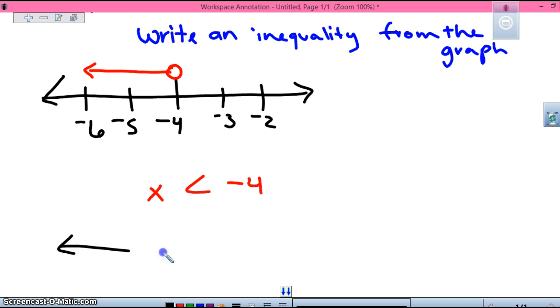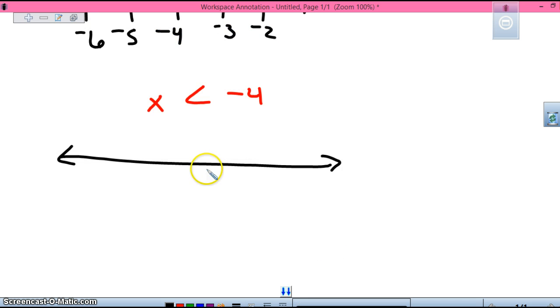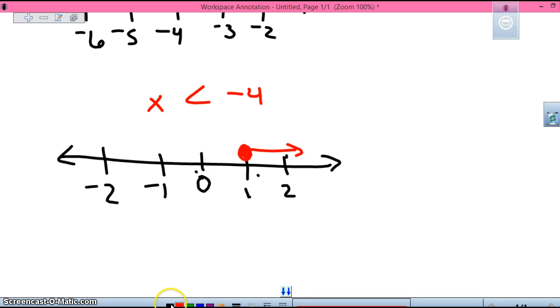So we have to write an inequality from this graph. If we have to write an inequality from this graph, how would we start?